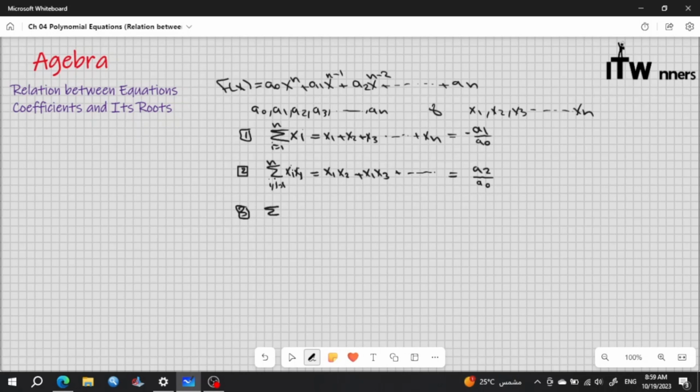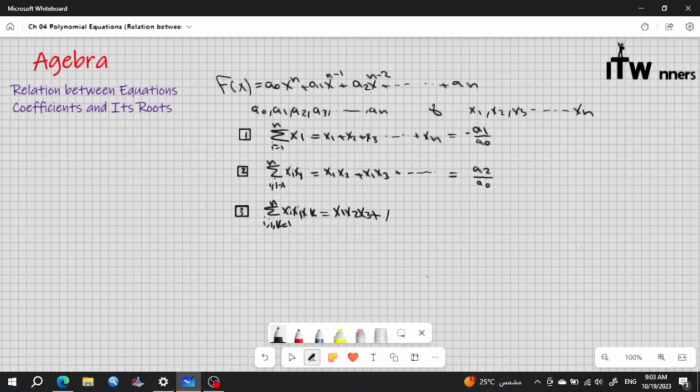Okay, the third: summation of xi xj xk, where i j k from 1 to n, this equals x1 x2 x3 plus x1 x3 x4, this plus, okay, this equals negative a3 by a0.